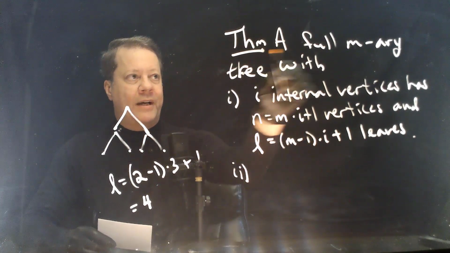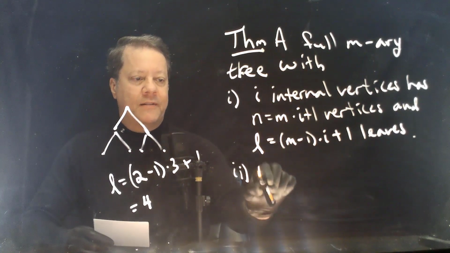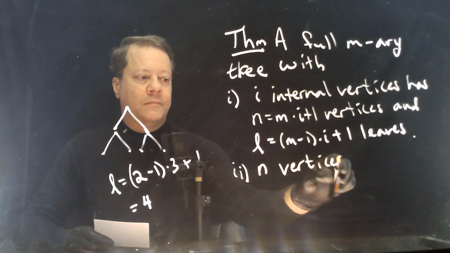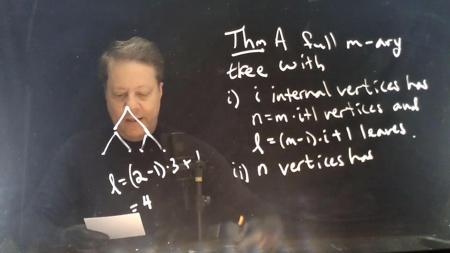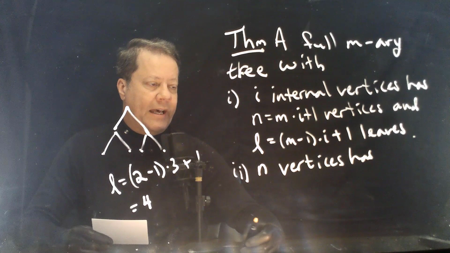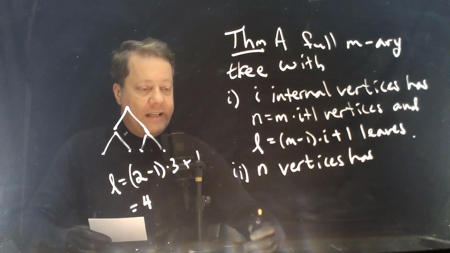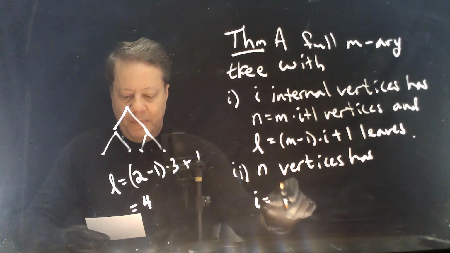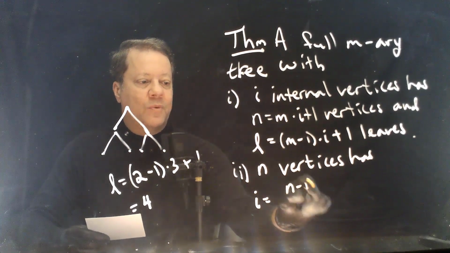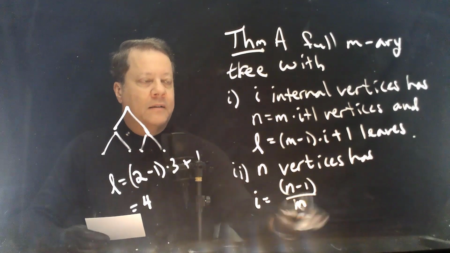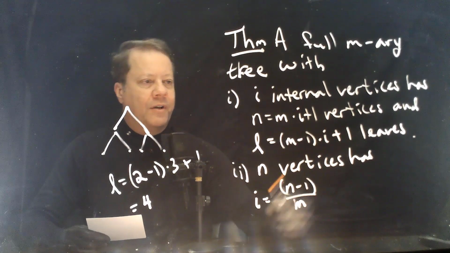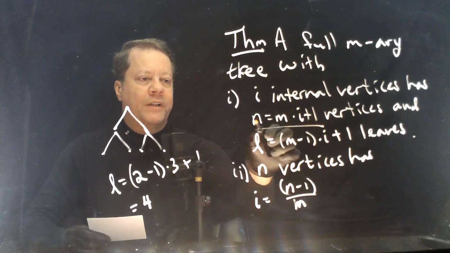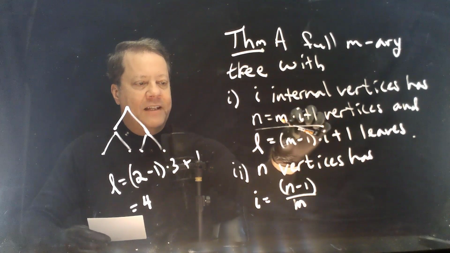If, on the other hand, you have a full M-ary tree with n vertices, then how many internal vertices do you have, and how many leaves do you have? Well, the number of internal vertices will be n minus 1 divided by m. You can get that from solving this equation here by moving the 1 over to get n minus 1, and then dividing by m.